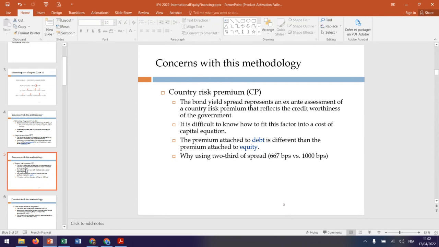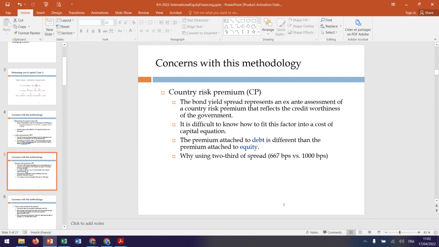Okay, so the problem that we have here is that sometimes, not often, the yield on the bond represents the government, which is also the debt part, but we adjust this one on the equity equation, isn't it? Right? Because the RE or the KE is an equity, the premium attached to debt can be different than the premium attached to equity.